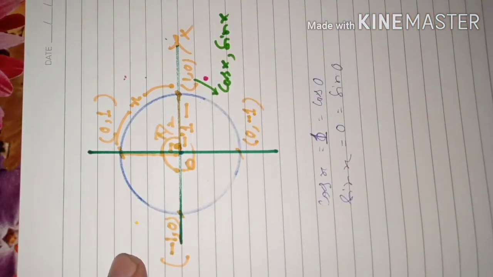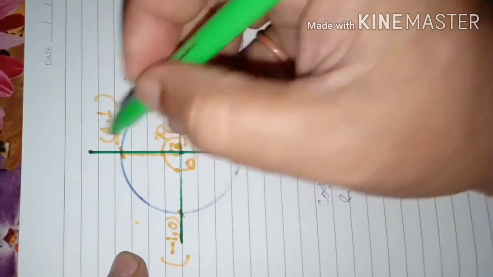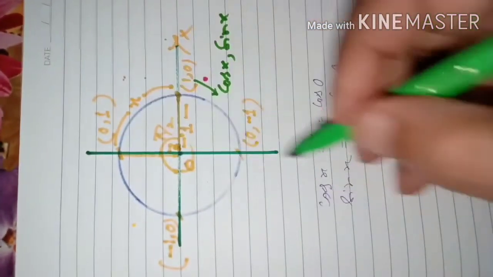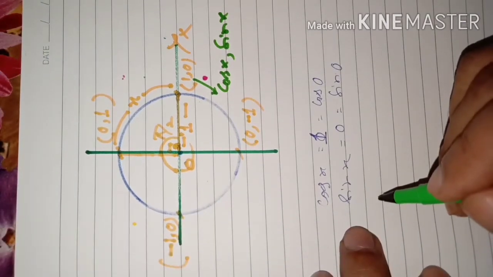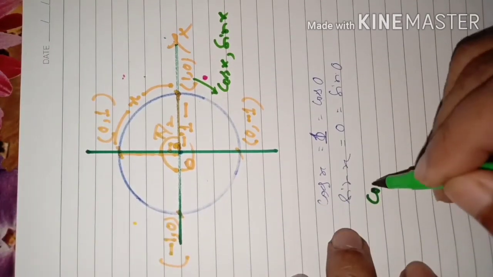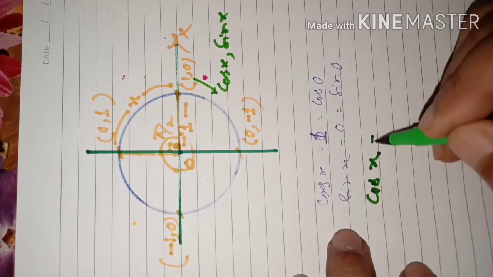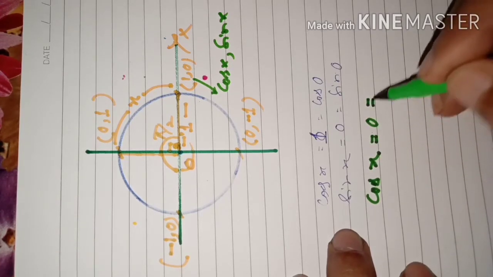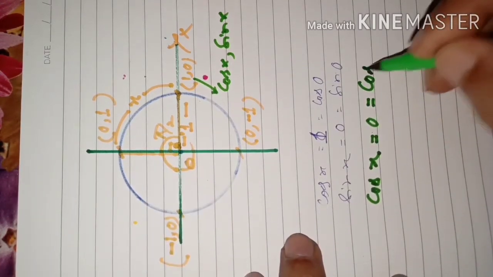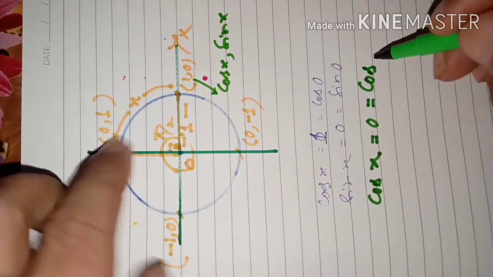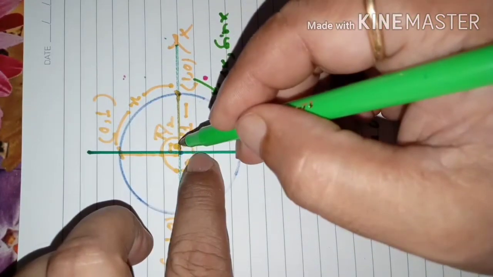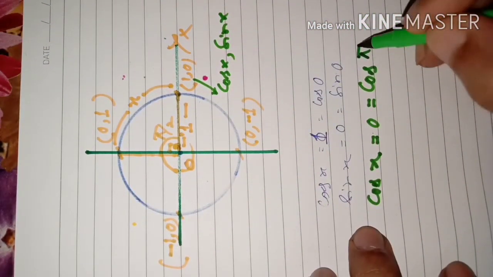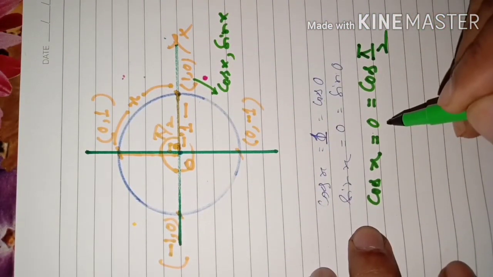So what you can say here is that sine x is 0 and cos x is 0. Actually, what is the angle here? This arc subtends pi by 2 angle. So cos pi by 2 is 0.